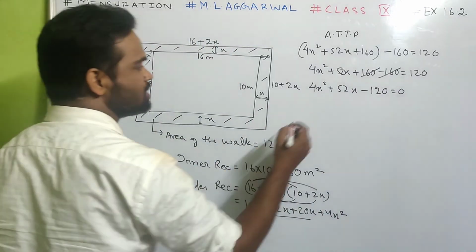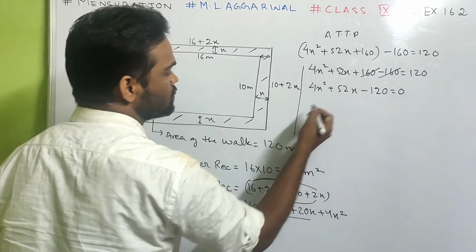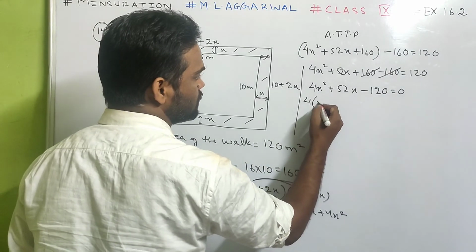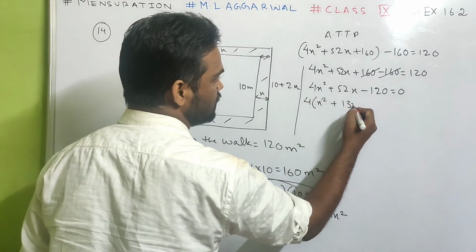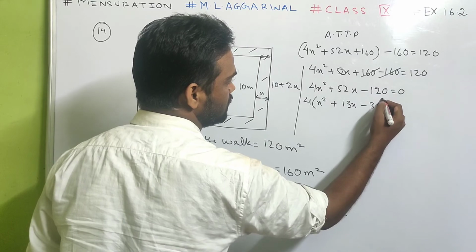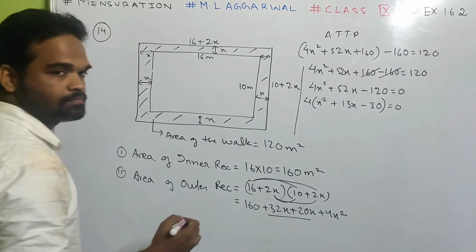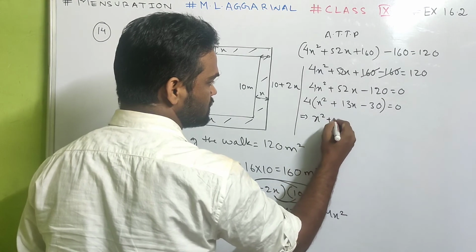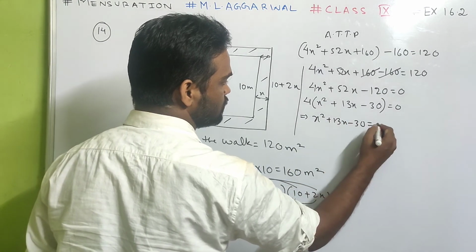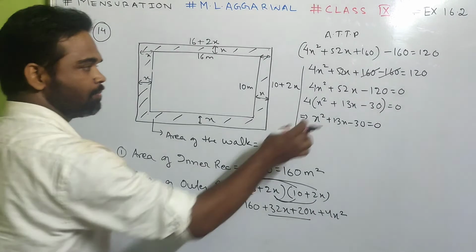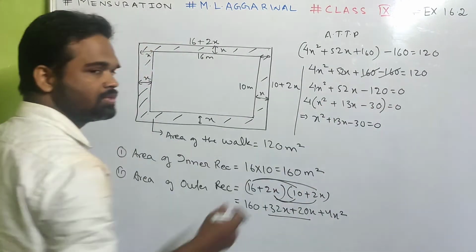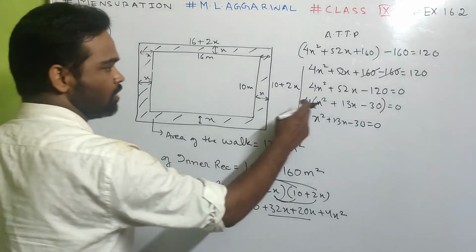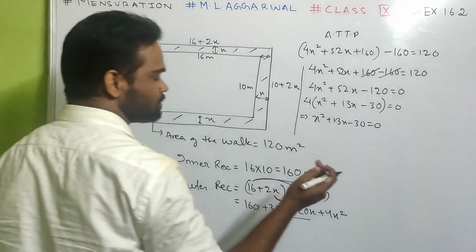We can take 4 common, isn't it? So if you take 4 common, x square plus 13x minus 30 equals 0. If the product is equal to 0, then this has to be 0, because 4 is of course not equal to 0, okay?